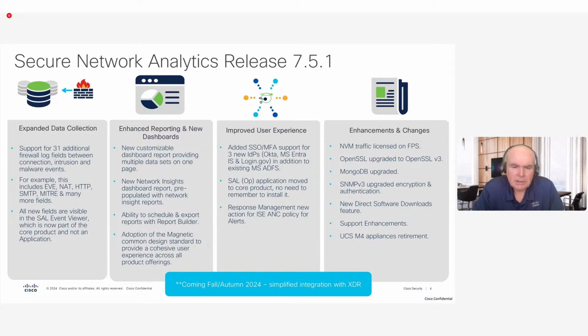Now I've got a little note at the bottom here. Coming soon, we're now in full autumn period, we're simplifying the integration with XDR. What that means is that when you configure the integration with XDR, it will automatically send 3 alerts from SNA: suspect data loss, bot infected hosts, and suspect data hoarding.